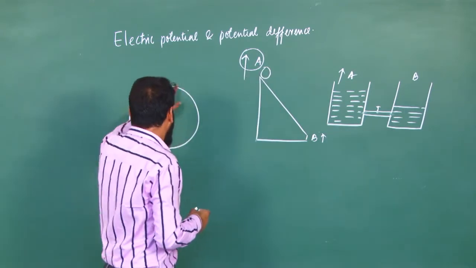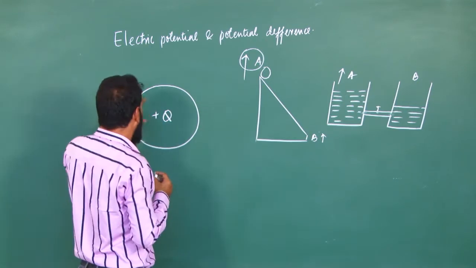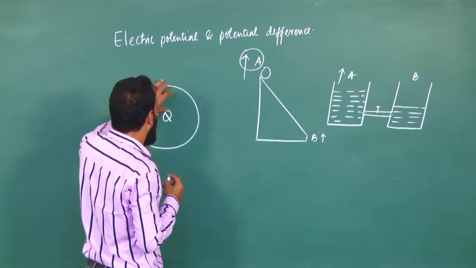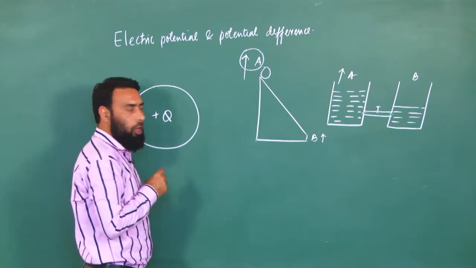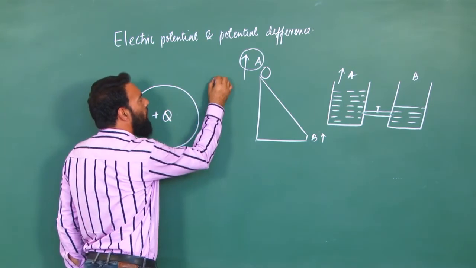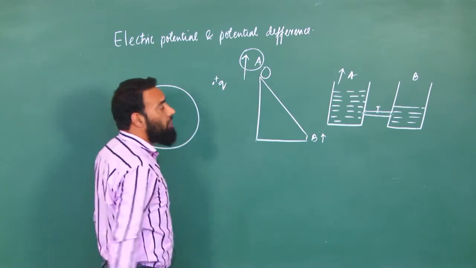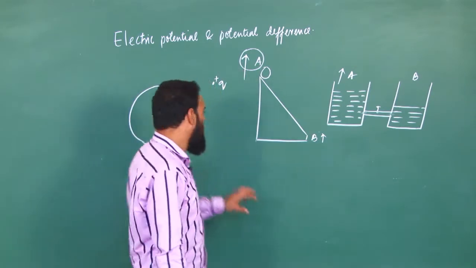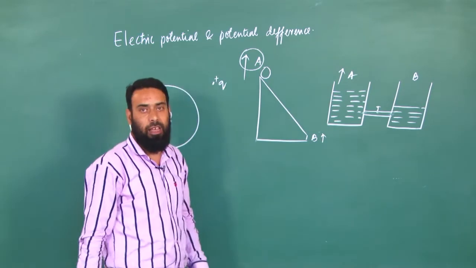Let us consider this circle indicates the electric field of this charge Q. If we place another small positive charge outside this influence of the charge Q, there is no influence of Q on this small charge.